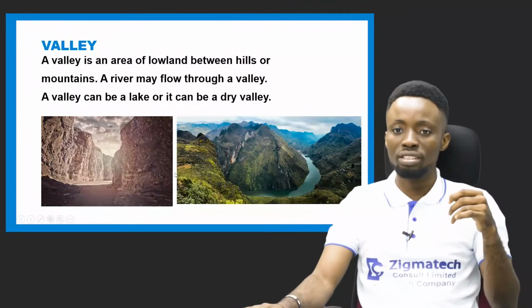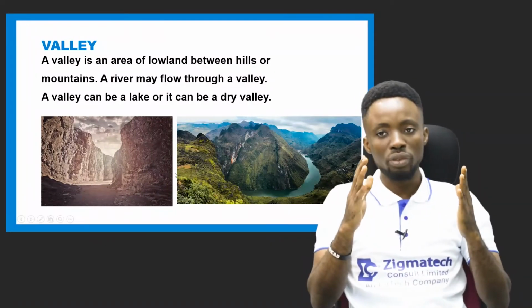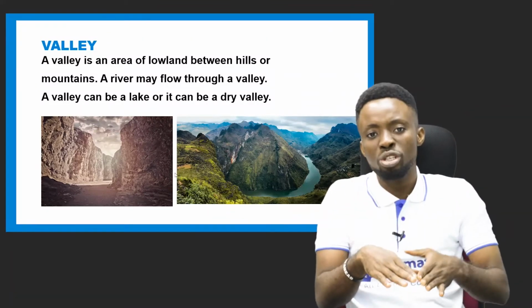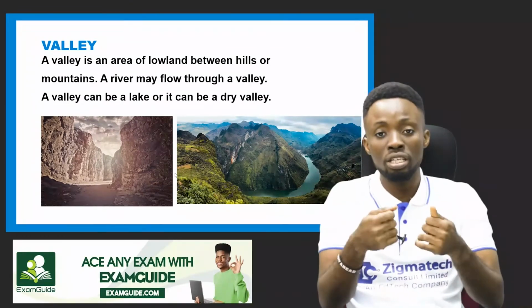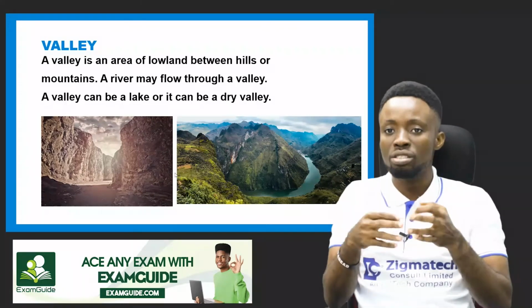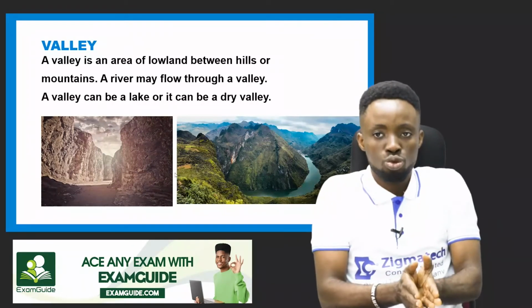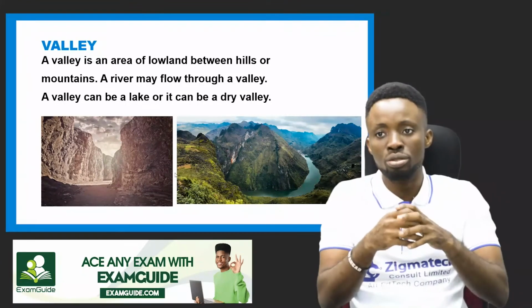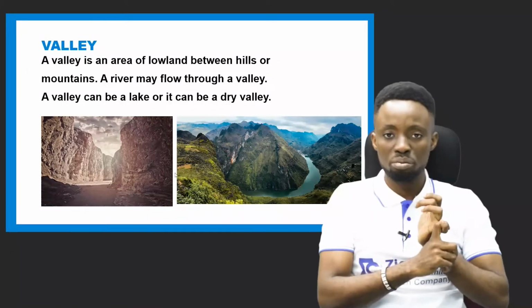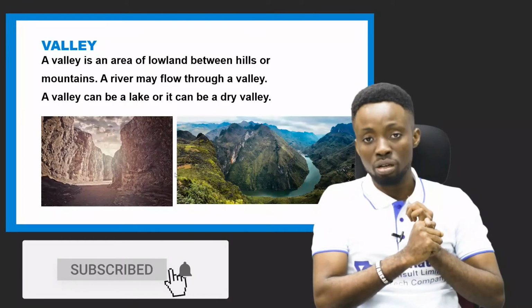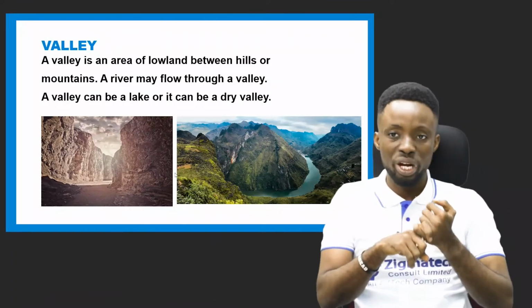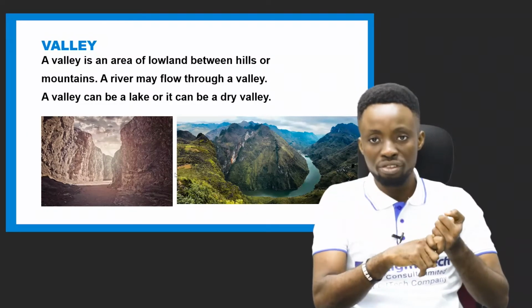So let's look at the valley. Now, a valley is simply an area of land that is found between two highlands, or you can say a lowland that is found between two mountains or two hills or two plateaux. Now, a valley can be a dry valley, or a wet valley or river valley.